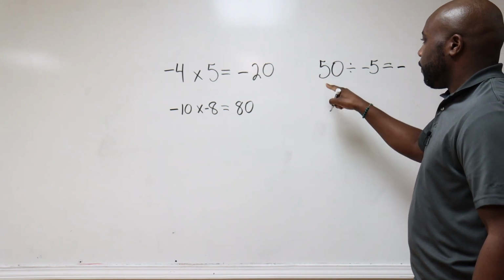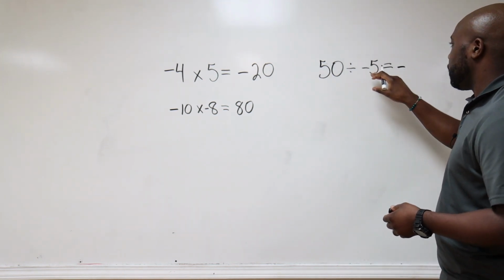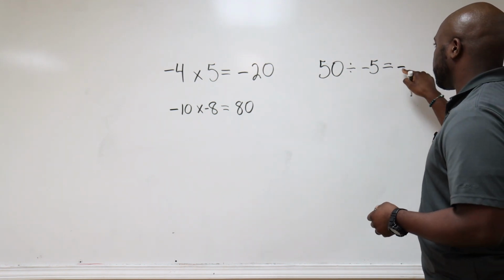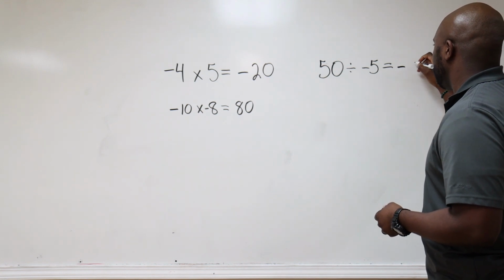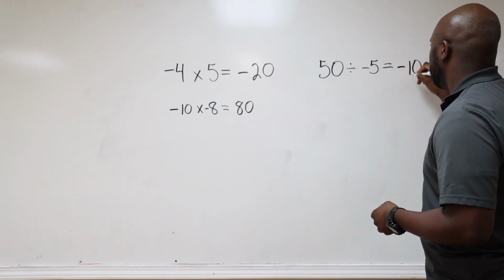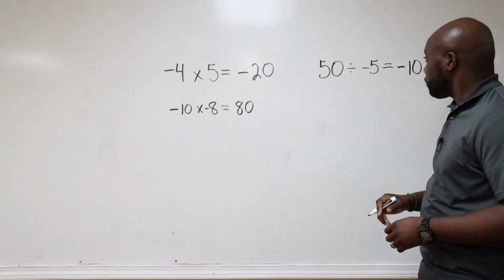So 50 divided by -5 is going to be a negative solution, and 50 divided by 5 will be 10. So our solution is going to be -10.